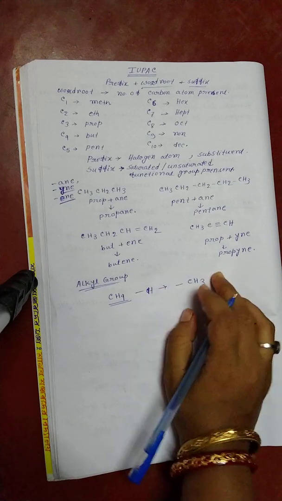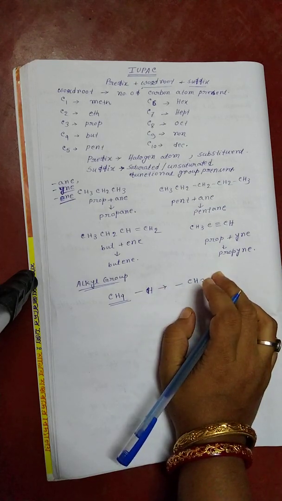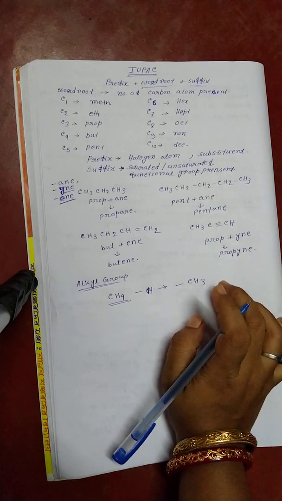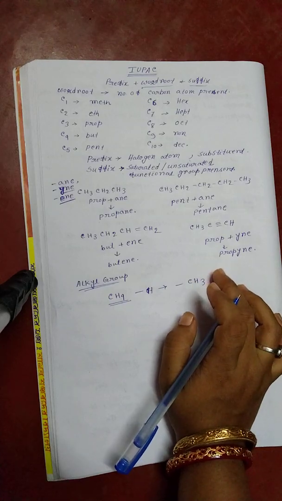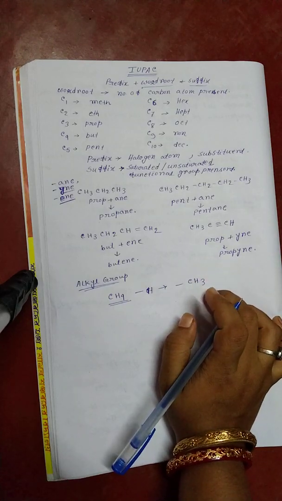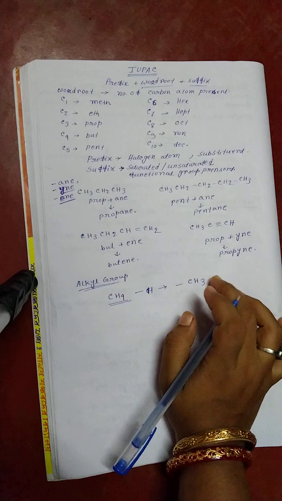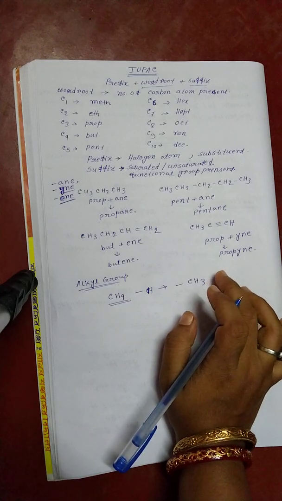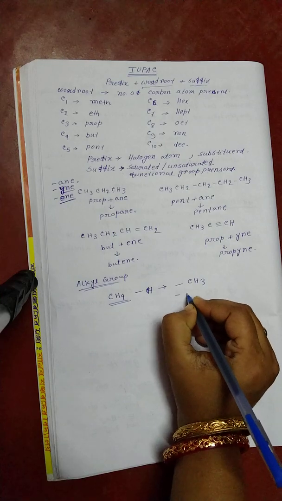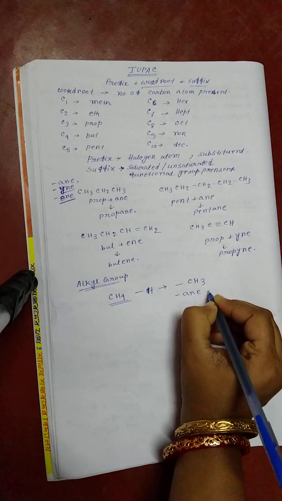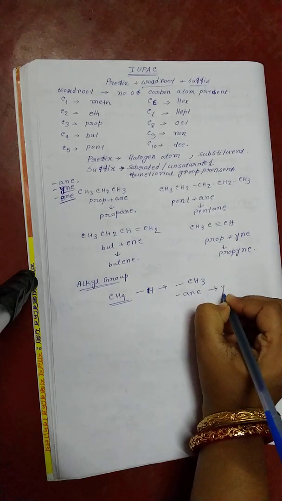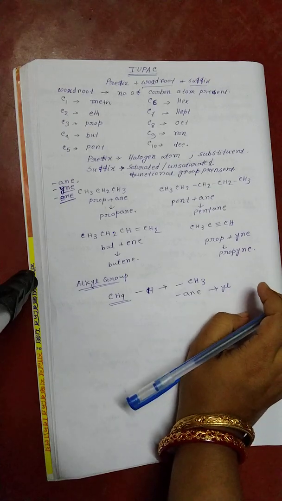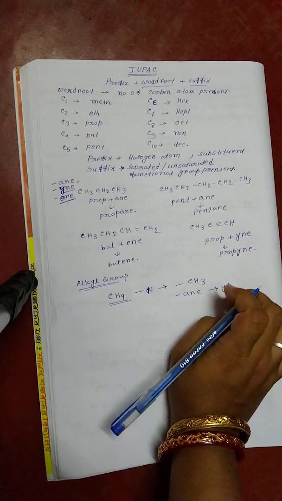So this is called an alkyl group, and the nomenclature of this alkyl group is like that: the suffix ANE of the alkane is replaced by YL. Okay, so this is an alkyl group.